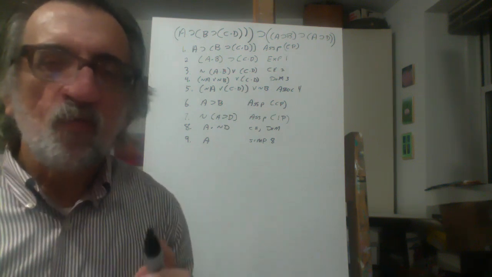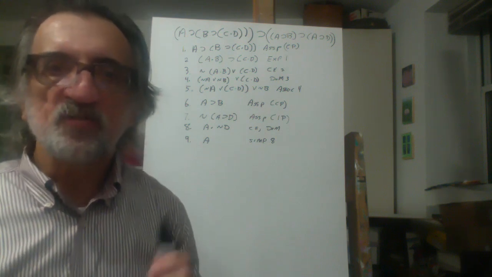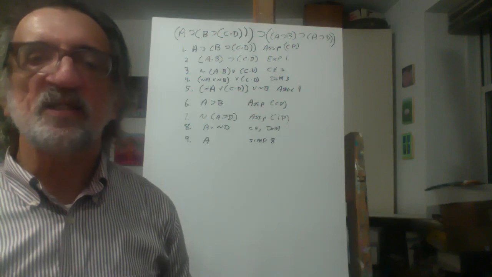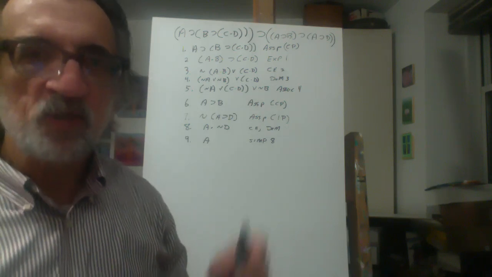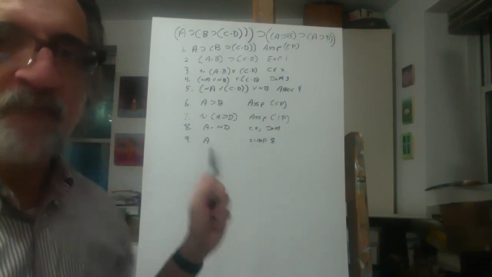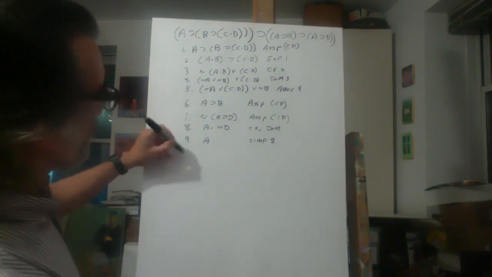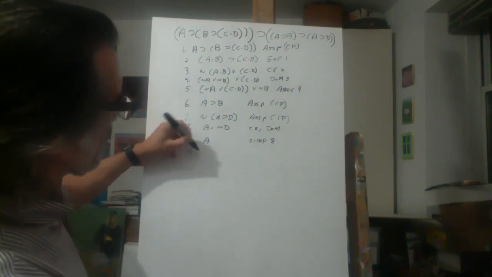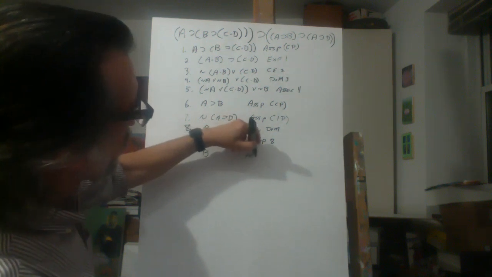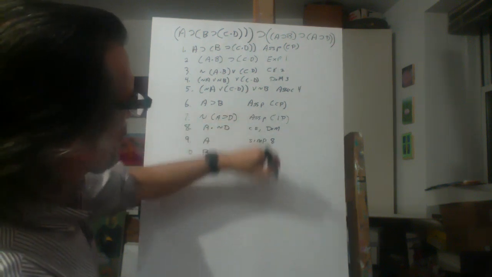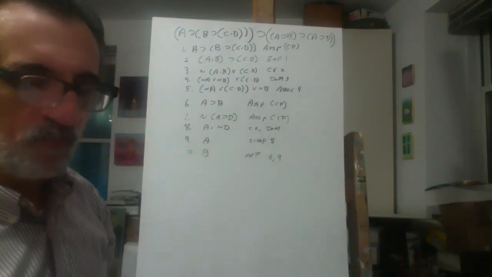Now, what we want for now is the simplification of A and not D to give us just A. And we're going to use A together with the assumption that powers this second conditional proof to give us B by modus ponens.